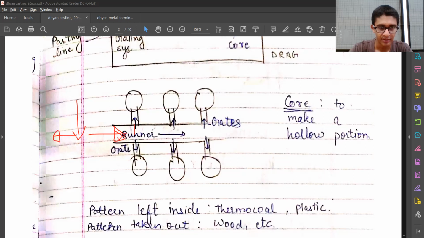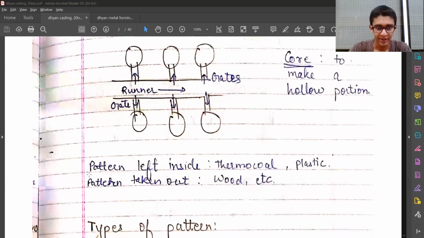From there is the main runner, and we have part 1 prepared, part 2 prepared. So in a single run we can manufacture multiple parts, and these are called the gates. And the core is used to make a hollow pattern. So I think you can easily understand that.